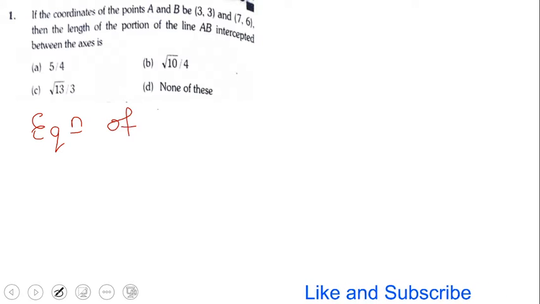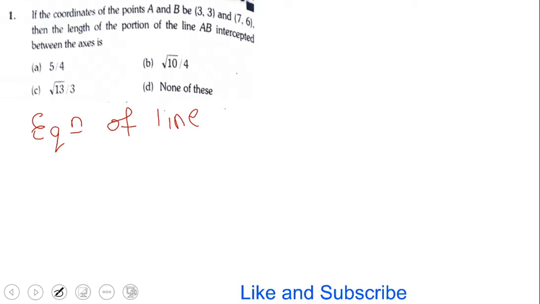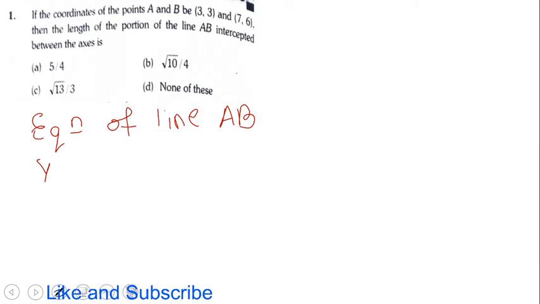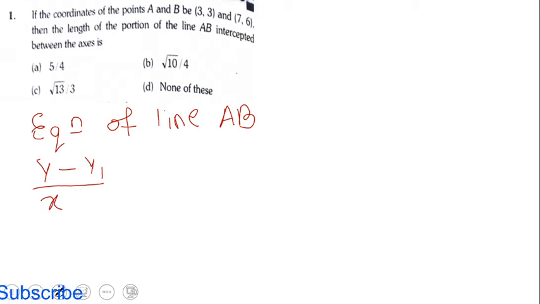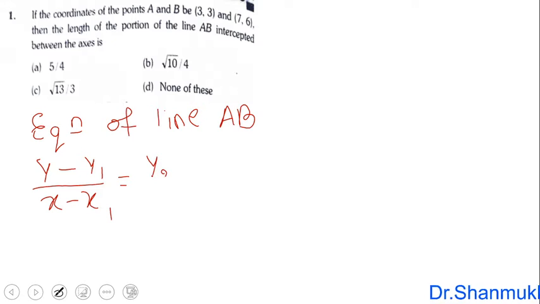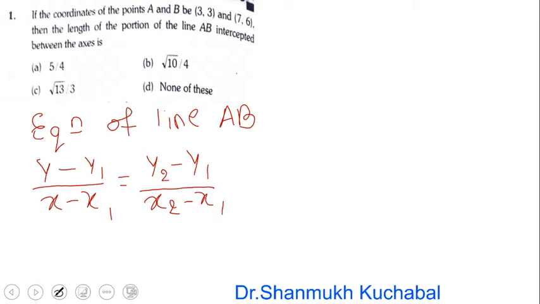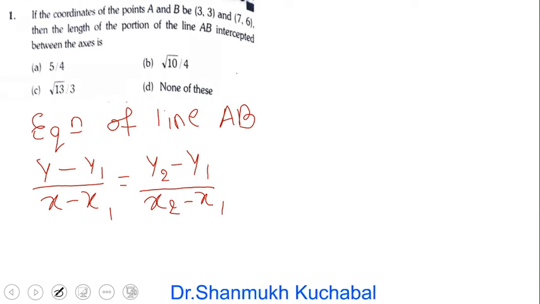So I am using the 2-point formula that is given by (y minus y1) divided by (x minus x1) equal to (y2 minus y1) divided by (x2 minus x1). So we will substitute all the values.